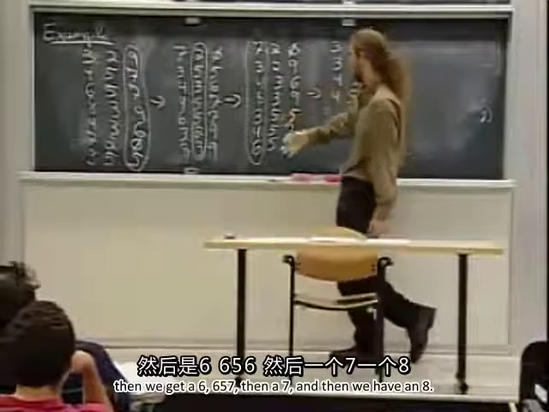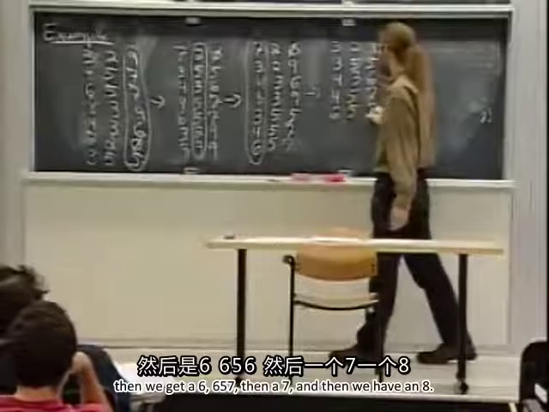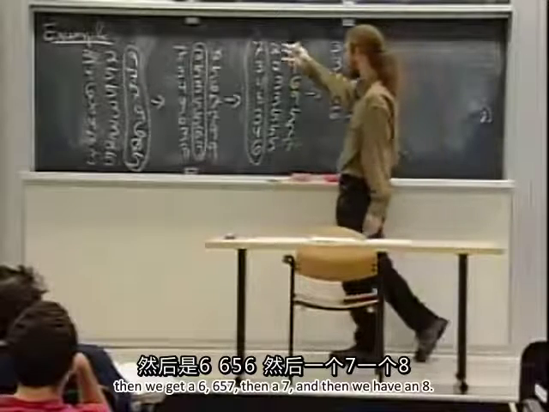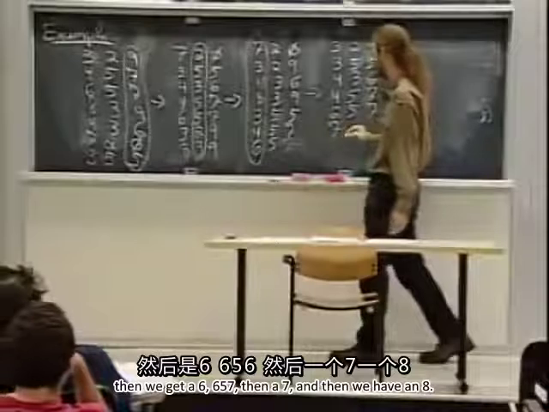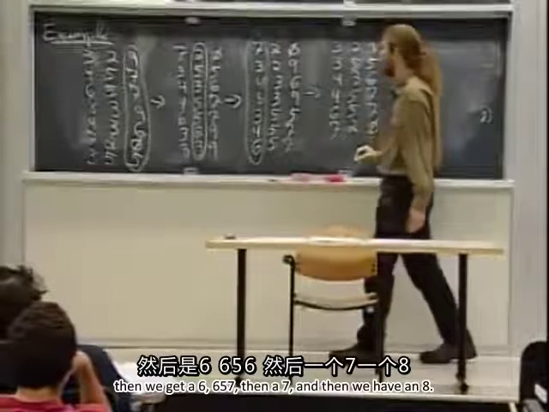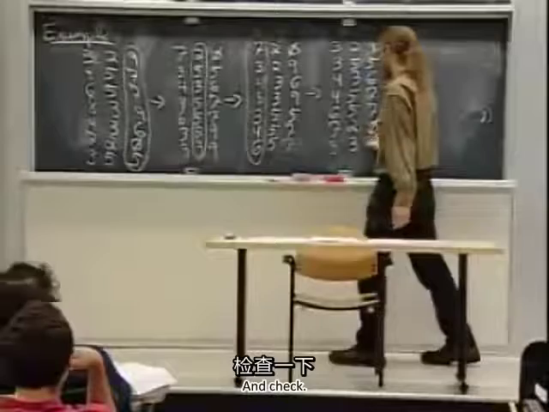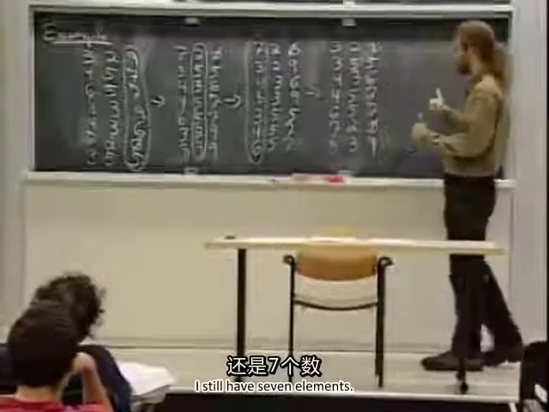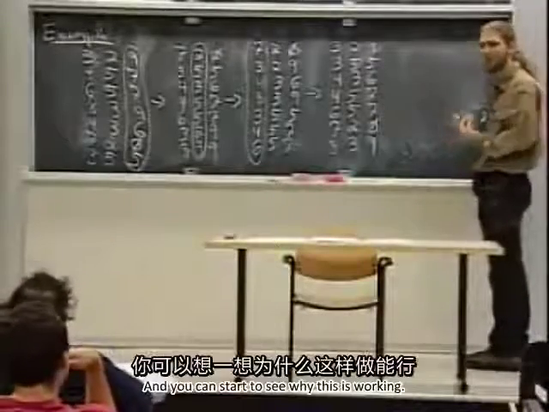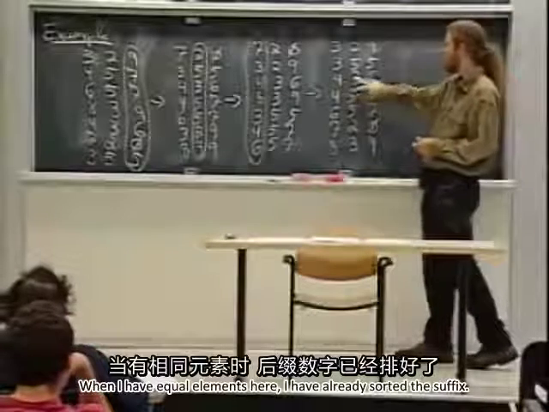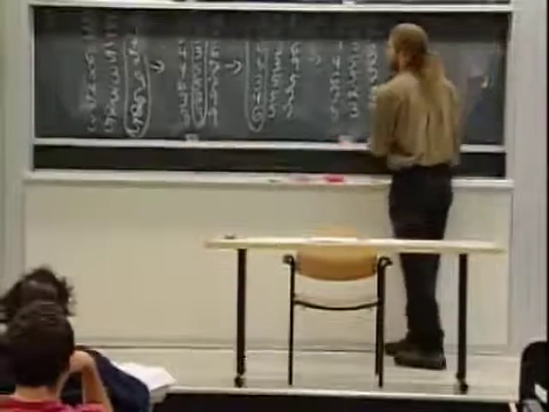Then we get a 6, 657. Then a 7, 720. Whew, that was close. And then we have an 8, 839. And check, I still have 7 elements. Good, so I haven't lost anyone, and indeed, they are now in sorted order. And you can start to see why this is working. When I have equal elements here, I've already sorted the suffix. So let's write down a proof of that.